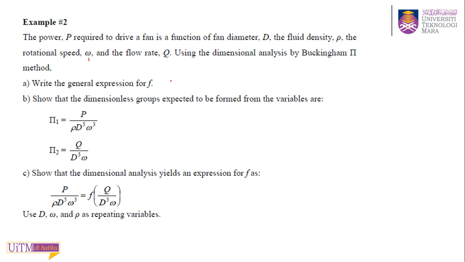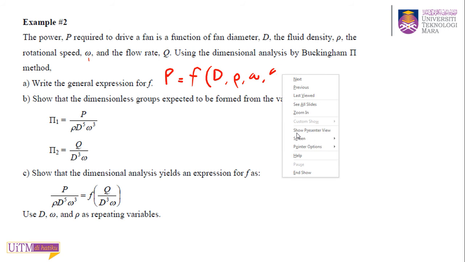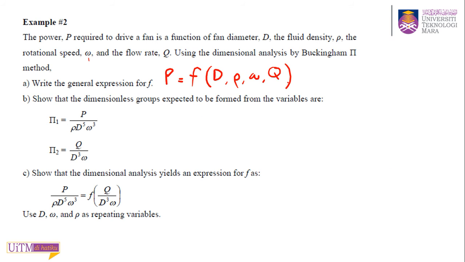The power P is a function of diameter D, rho, omega, and Q. So P equals function of D, rho, omega, and Q. That's how you write the general expression for this F.